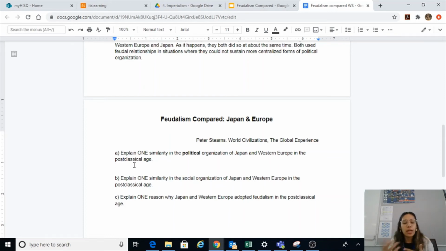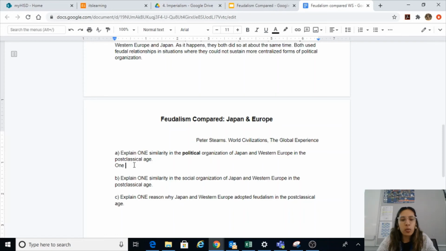So there's a lot of answers to this that you can put. You can put the emergence of feudalism as one of your answers, or you can put the absence of a centralized governing power. So lots of possibilities. So I'm going to go ahead and go with the emergence of feudalism, or a feudal system. So answering the question, I'm basically just rephrasing the question in sentence form.